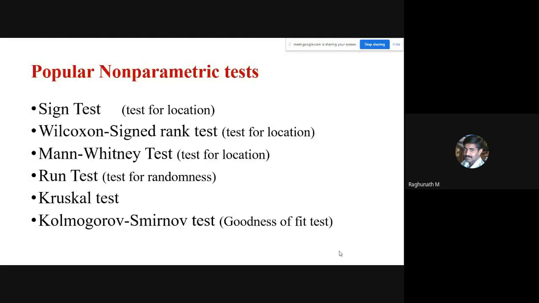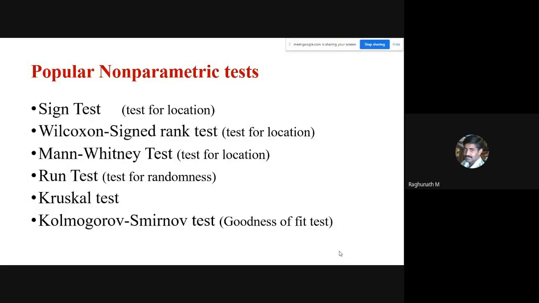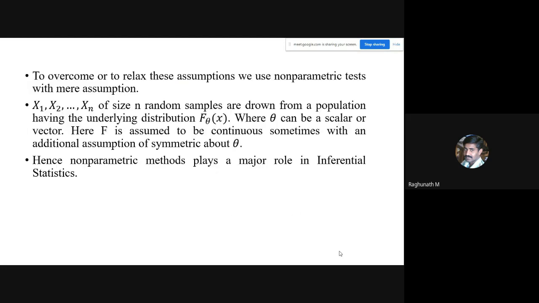So let me go through the first test, the sign test. What happens in the case of a traditional parametric test? In the case of a parametric test, what we usually do is consider the magnitude of the observations. Suppose X1, X2, ..., Xn is a random sample, and small x1, small x2, ..., small xn are the realizations.